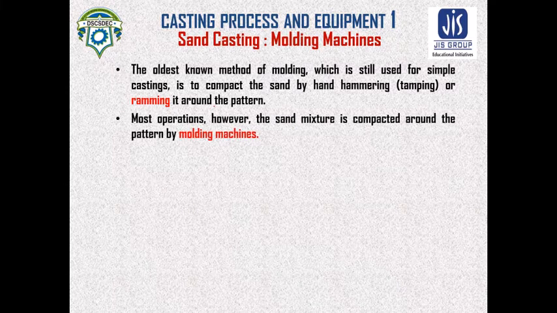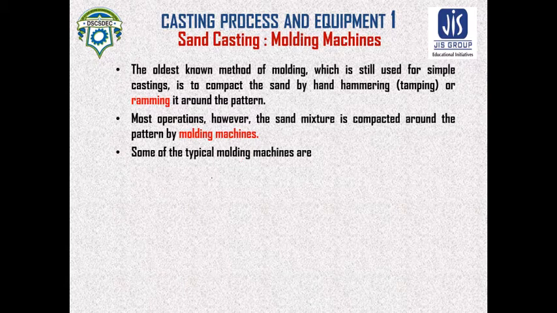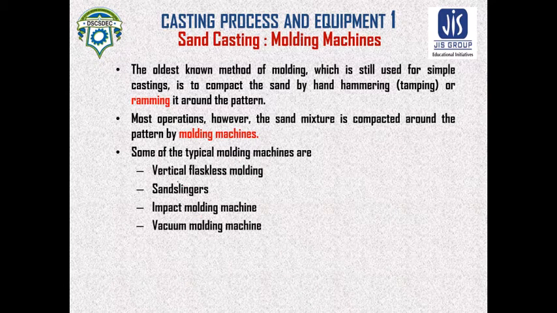Now this ramming process can be done using different molding machines, as a development to the casting process. So some typical molding machines are vertical flaskless molding, sand slingers, impact molding machine, and vacuum molding machine. These are the types of molding machines. The knowledge of these names will be enough for now, because detailed study of these molding machines is out of our scope of syllabus.